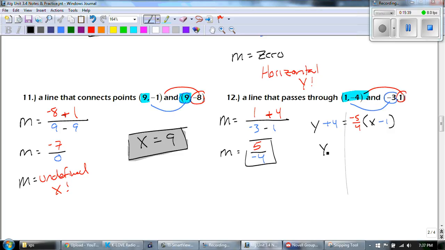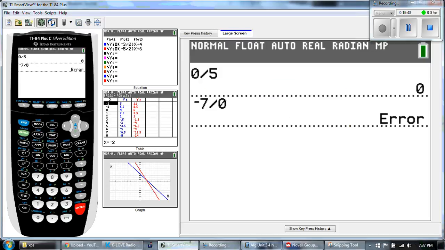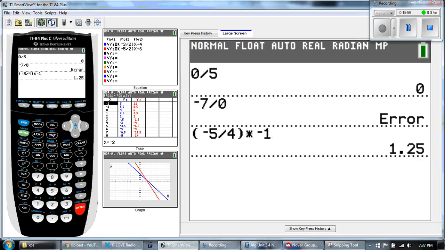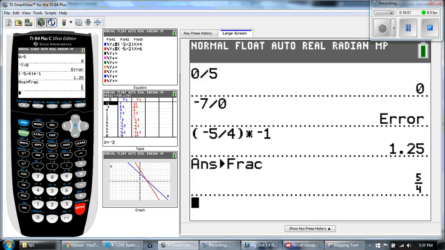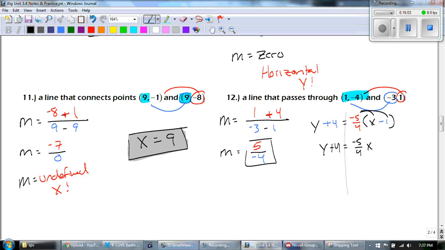Left side's easy. Y plus 4 equals, go ahead and distribute, -5/4x, and ugh, good thing I got this calculator. We got -5/4 times -1. And I don't want the decimal, guys. I want the fraction. Okay, +5/4. I like that. That's not too bad.